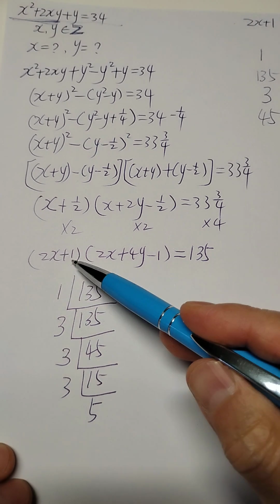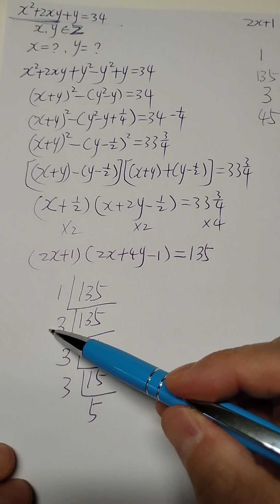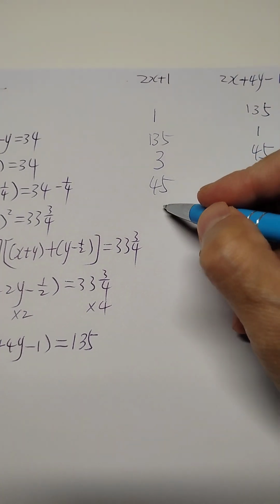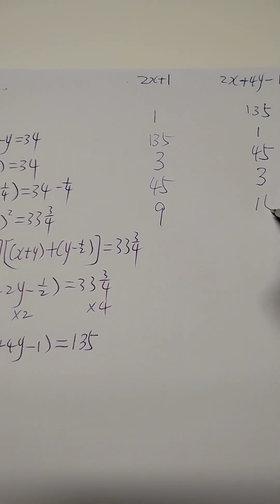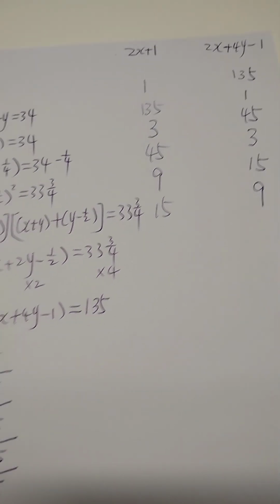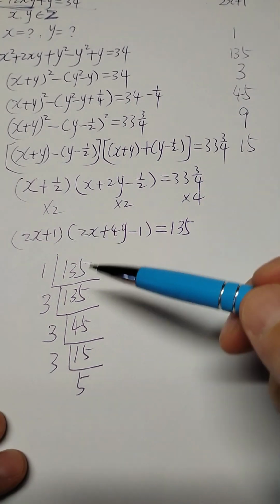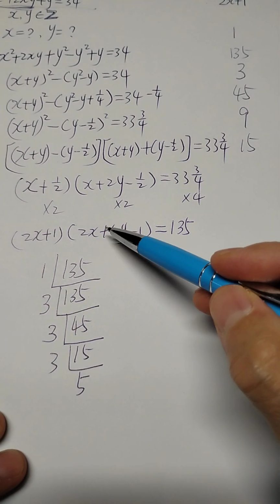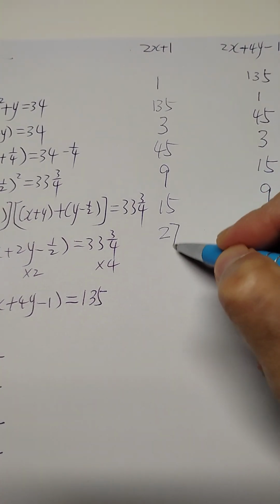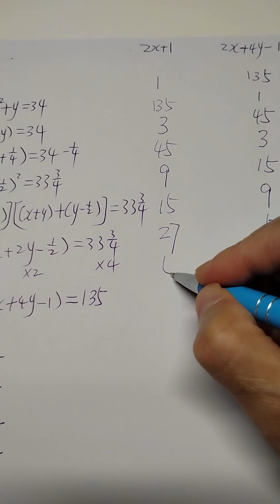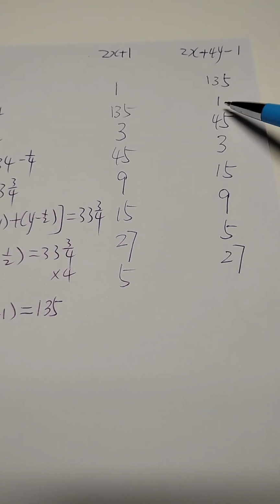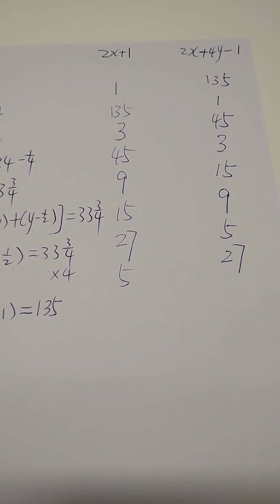If 2x plus 1 equals 9, then the other part should equal 15, and if it is 15, it should be 9. If 2x plus 1 equals 27, the other part should equal 5, and if it is 5, it should be 27. So we have 8 pairs.